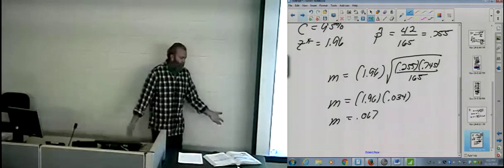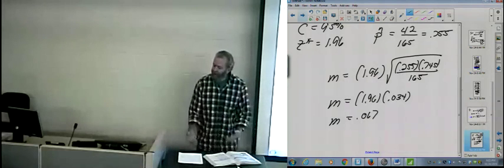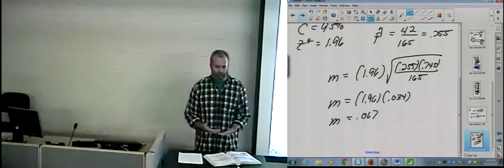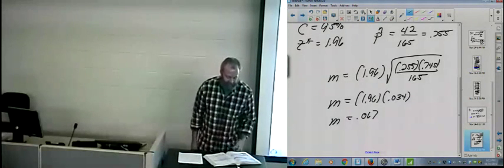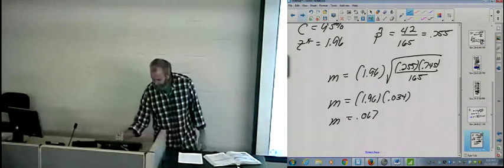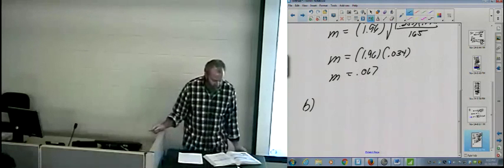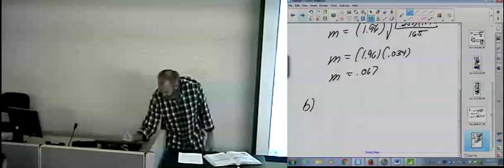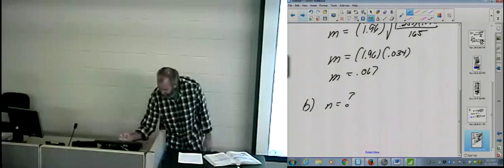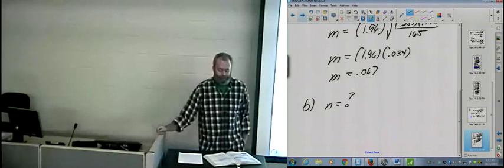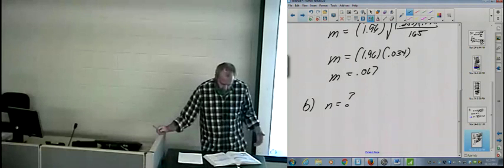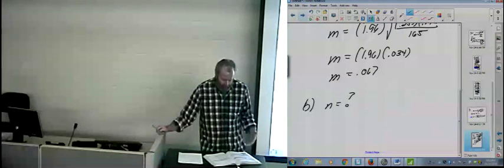Practice a little bit more getting the margin of error. What I'm interested in here is Part B. Part B says, how large a sample is needed to get the common plus or minus 3 percentage point margin of error.